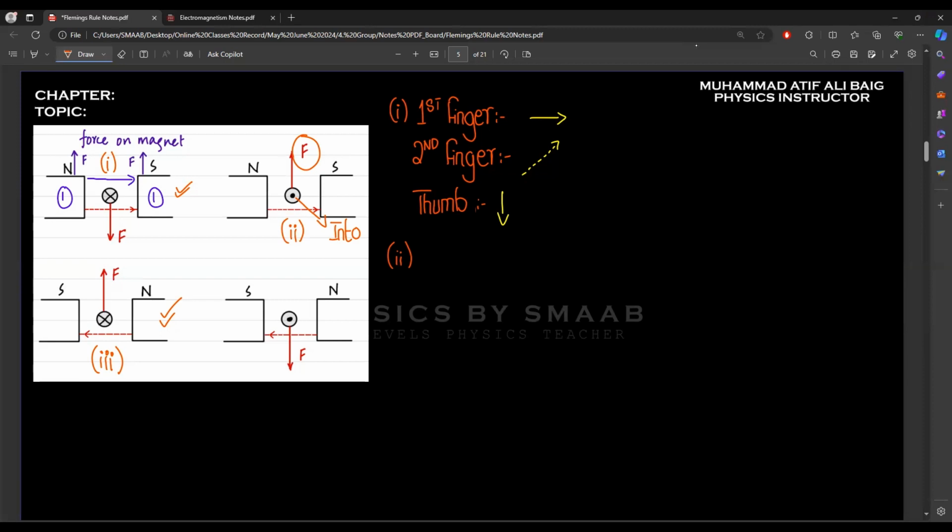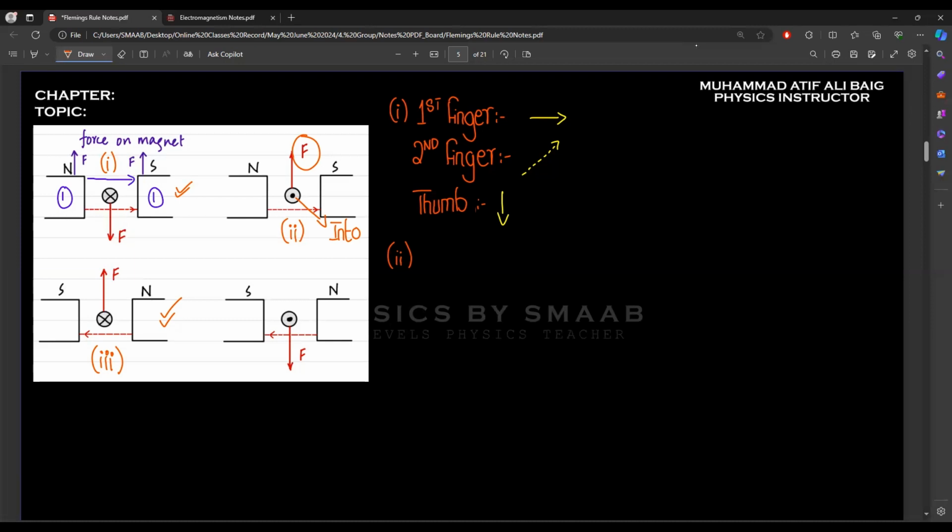Okay. Right. So very simple, you just start with your first finger, because the north pole or the magnetic poles are already given. So from that north to south, you can identify direction very easily. Then open up your second finger to set the direction, because now we know what is the meaning of into the page and what is the meaning of out of the page.